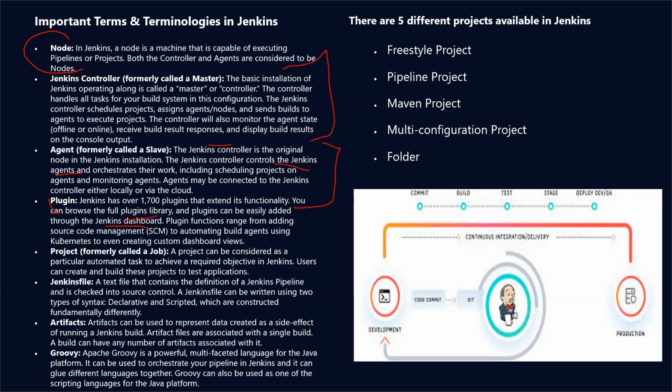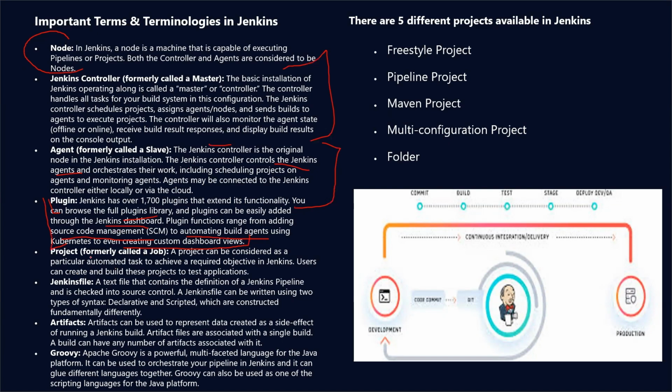So plugin functions range from adding source code management like Git, Bitbucket, or Azure code to automating build agents using Kubernetes, even creating custom dashboard views. So Jenkins, through plugins, can create very beautiful dashboards that are easy to look at and very visible. So plugins are the main thing of Jenkins. Whenever you install Jenkins, after installing, it will install some predefined plugins so that it will work. Okay.